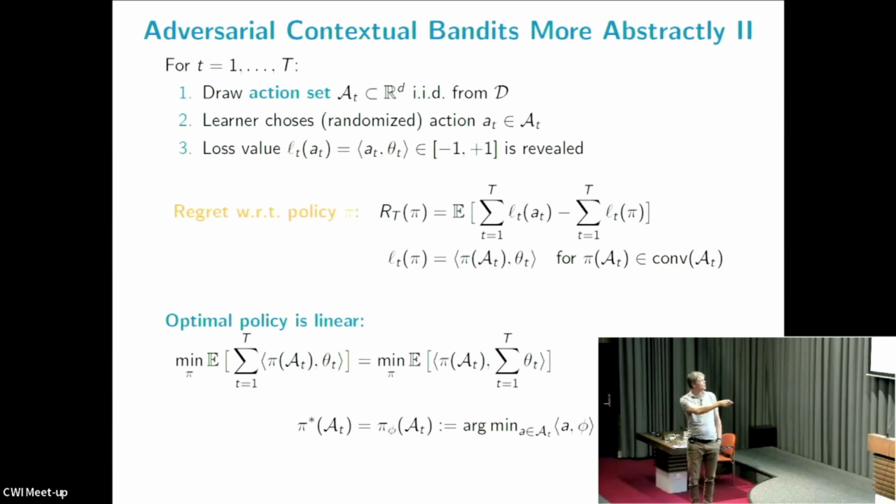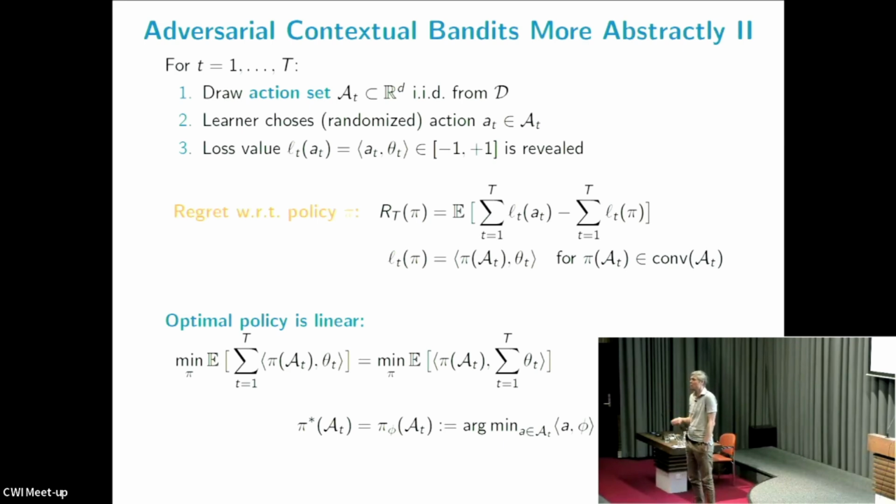And then we see that the policy, because this expectation is over A_t, is able to see all the randomness that's happening here, and so it just needs to do the best response to this vector given the action set that it gets. And that means that the optimal policy is of the form: pick the action that minimizes this loss for some vector phi, which is the sum of the theta t's over time.